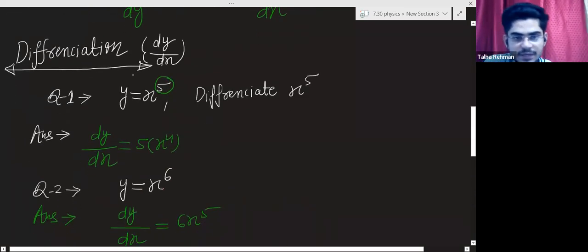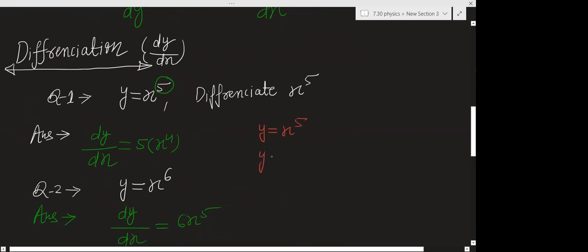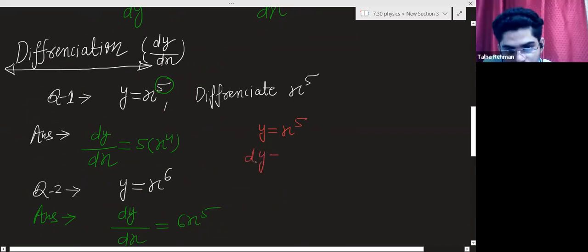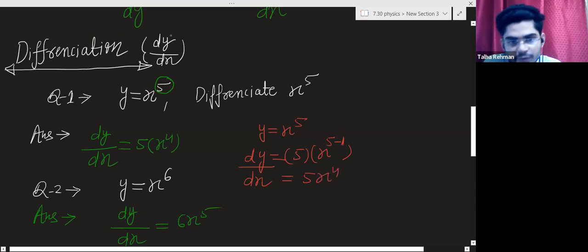I had written y is equal to x to the power 5, so dy by dx: this 5 came here, and from the power I subtracted 1, so I got x to the power 4.